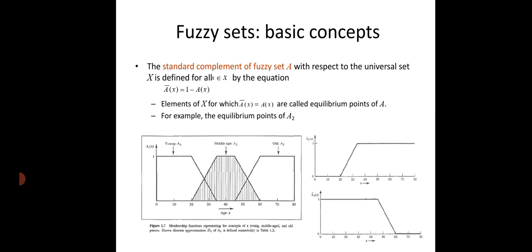The general complement is the universal set minus the particular set, but here it is 1 minus the particular set. The standard complement of a fuzzy set A with respect to the universal set X is defined for all x belonging to X by the equation A complement of x equals 1 minus A of x. You can see this clearly in the picture.